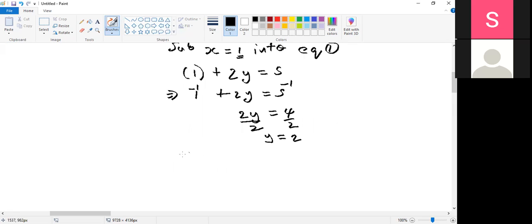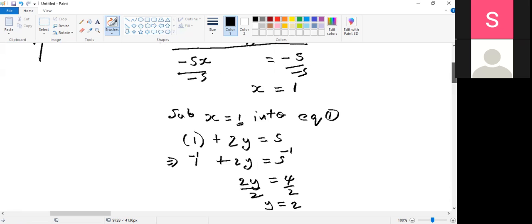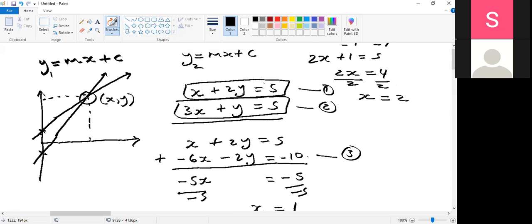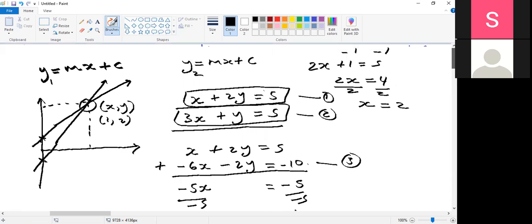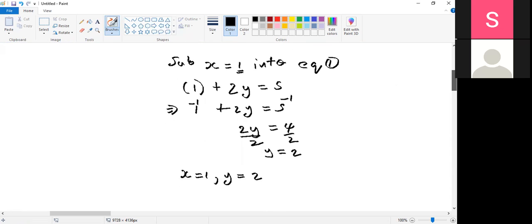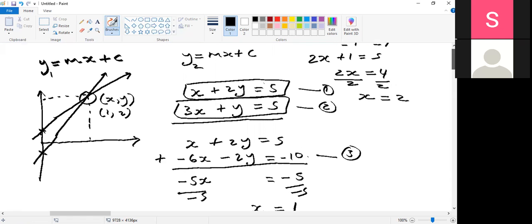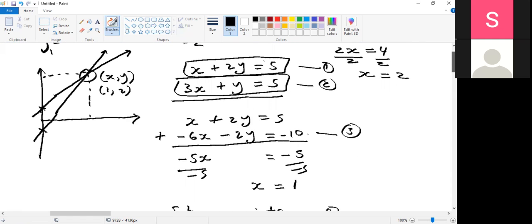So if you were to summarize everything we have, we have x equal 1, and we have y equal 2, right? Which would be the coordinate here that I referred to. So in this case, we would have (1, 2), right? That would be where these two lines meet. And that's it, really.